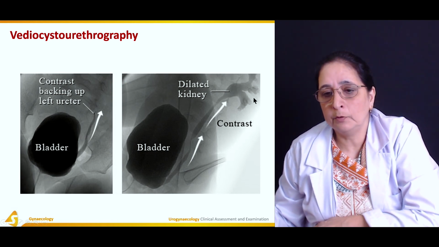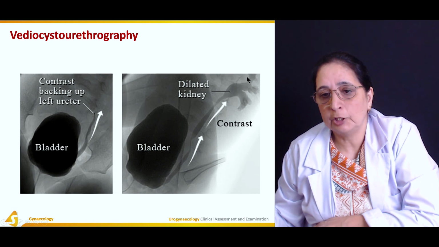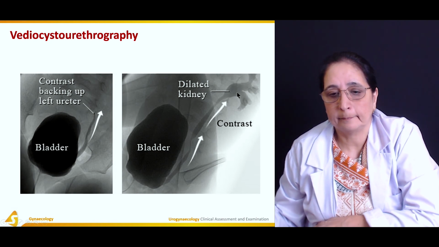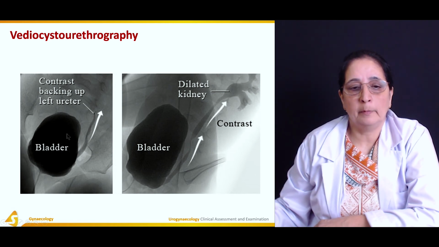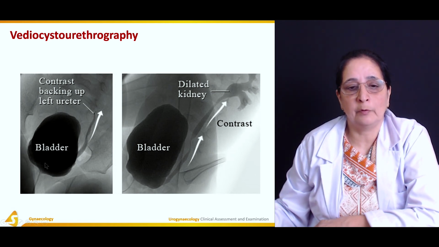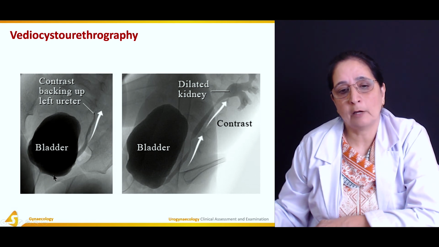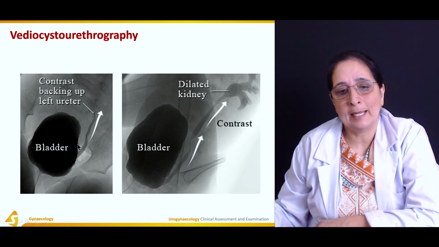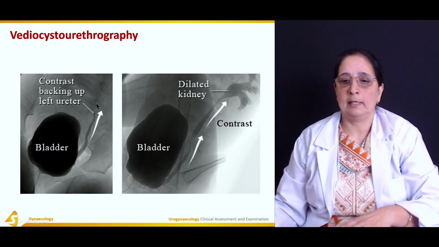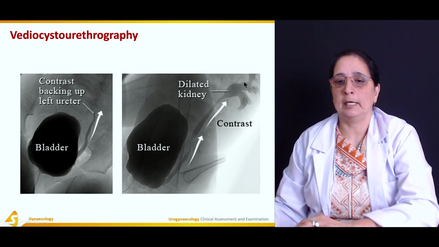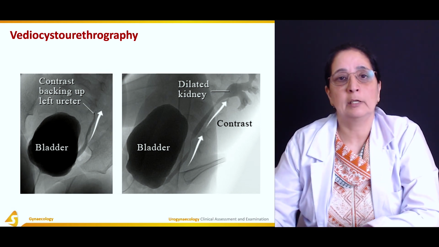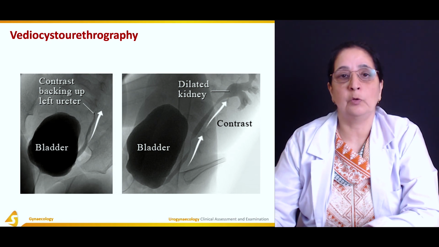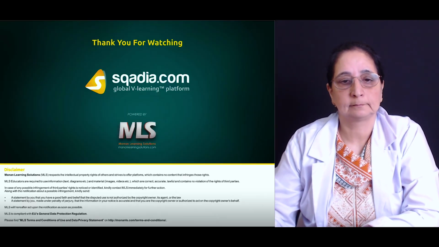And here you can see the dilation of the kidneys. So that suggests there is some problem in the outflow of the urine, because there is backflow of the dye or contrast medium into the ureter, and there is dilation of the kidneys.